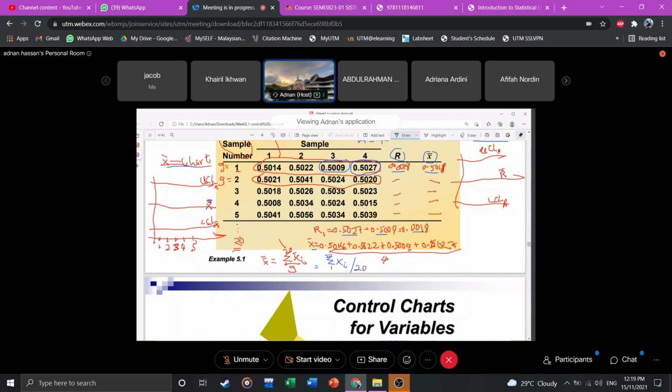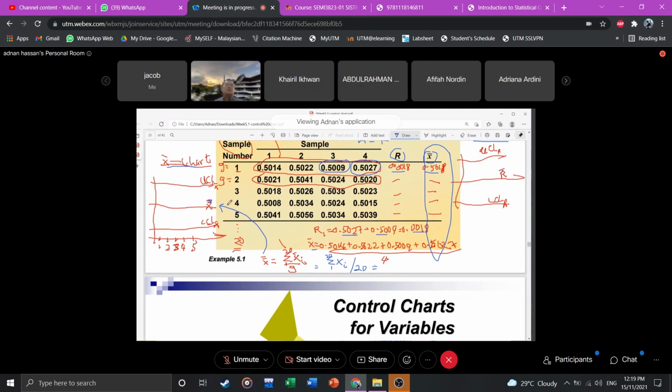So you get the value from this column until 20. That is the value of X double bar. This value will go here to make this line. Is it clear to this point how you can create an X bar chart? Yes, doctor. All right, good.